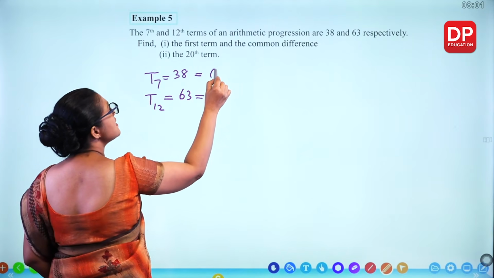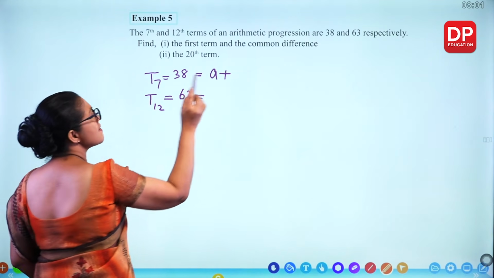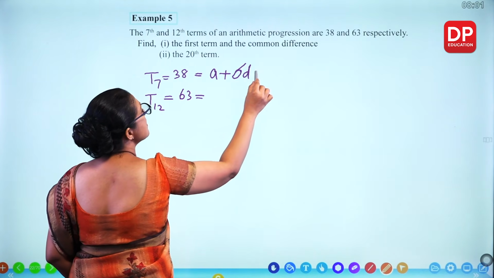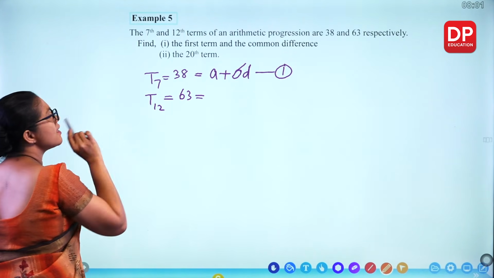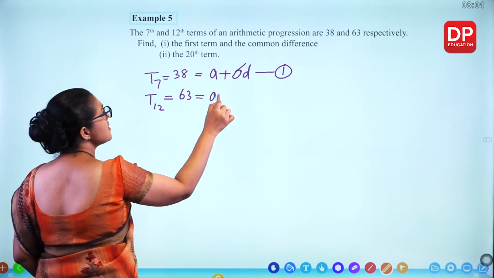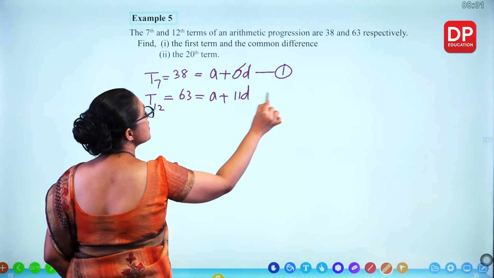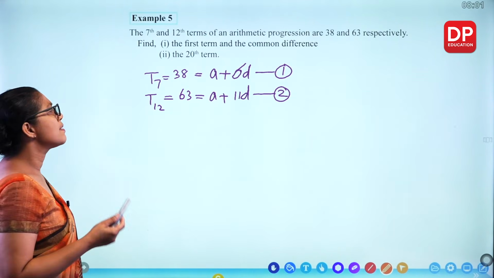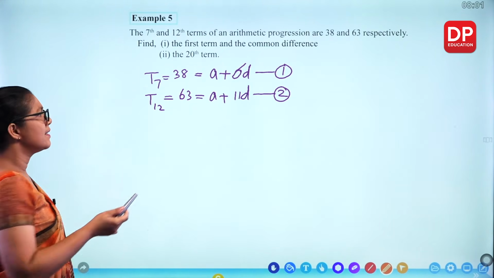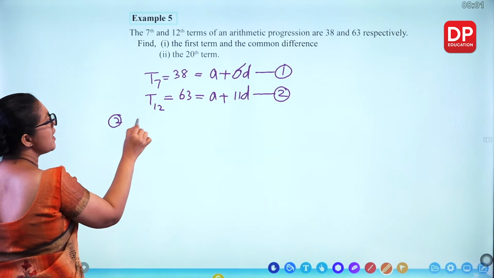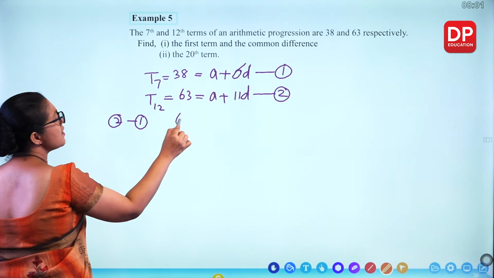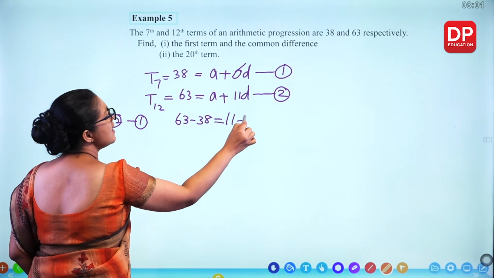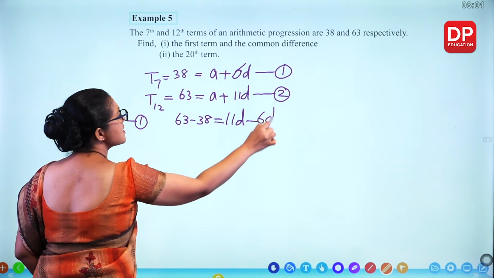T7 means A plus 6D, since 7 minus 1 is 6. That's your first equation. The 12th term is A plus 11D, since 12 minus 1 is 11. Now, with simultaneous equations, you can subtract and find A and D. So I'll do equation 2 minus 1. 63 minus 38 is equal to 11D minus 6D, as the A's cancel out.